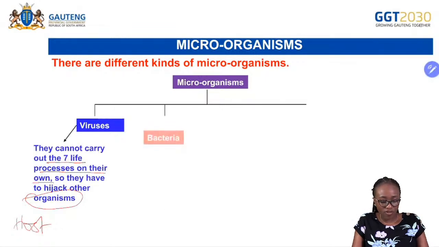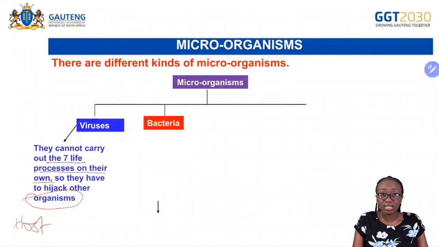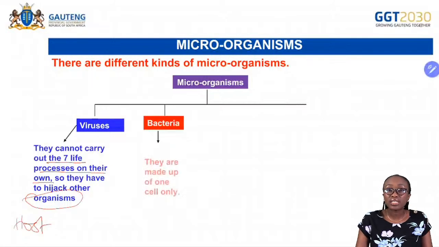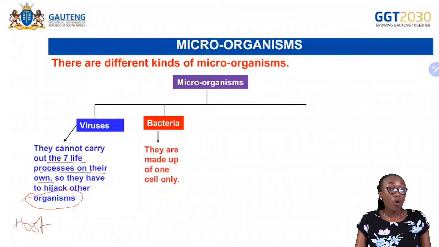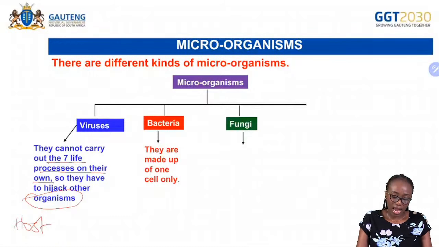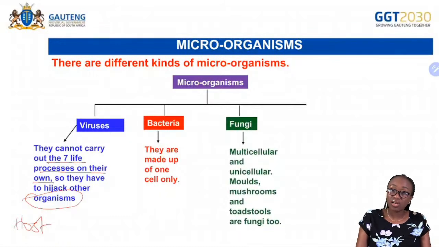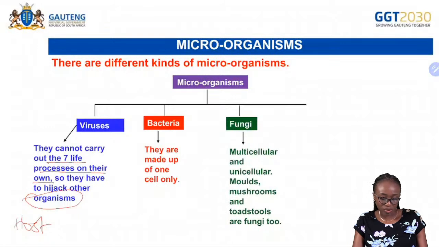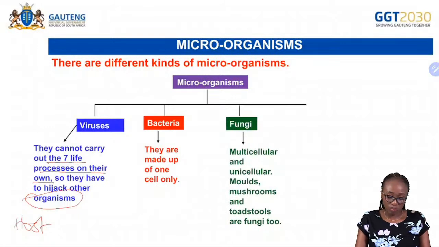The next type of microorganism is bacteria. Bacteria are unicellular microorganisms. They are made up of one cell, so the entire bacterium is made up of one cell. Then we have fungi. They are subdivided into multicellular and unicellular organisms. Examples of fungi are mushrooms, mold and toadstool.